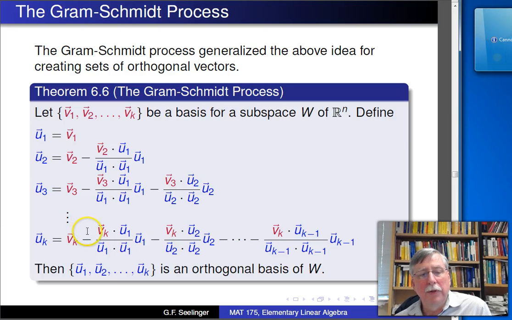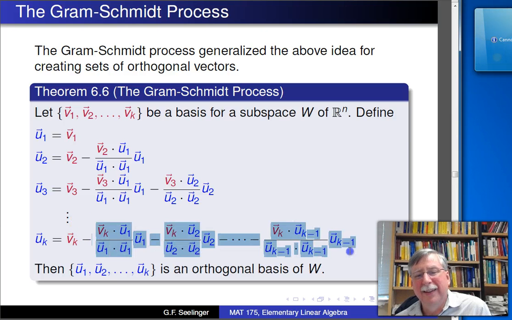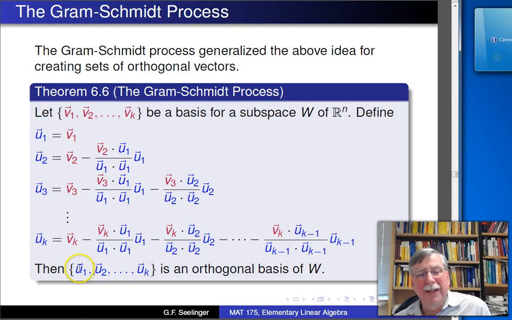Notice I'm subtracting off the projection of Vk onto the subspace spanned by all the vectors I've created above. And then what I get is an orthogonal basis. To get orthonormal, all I need to do is divide each one of these vectors by its magnitude.